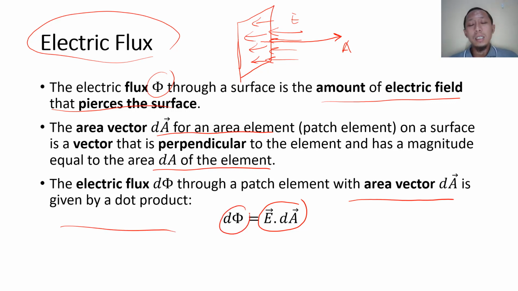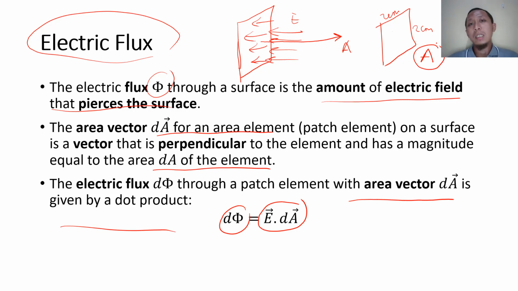So we can easily multiply the electric field and the area vector or dA in some spatial area. So if we have a rectangle and this is 2 centimeter and 2 centimeter, we can calculate what is the A.